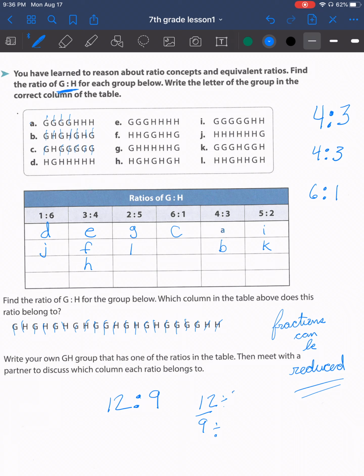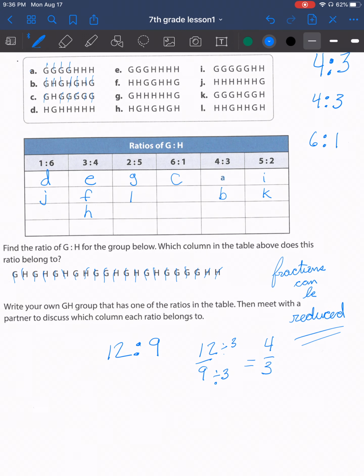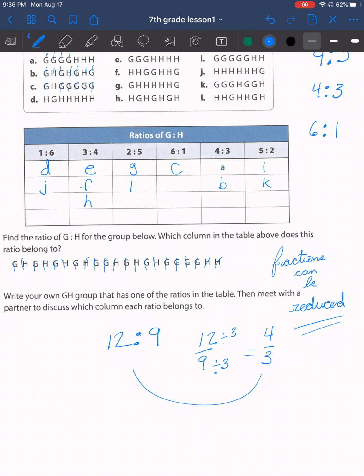So I can take a 3 out of both of them, and then I'm left with 4 thirds. Now let's rewrite 4 thirds in this form. All right, so where would I put this GH, GH, GH, whatever?